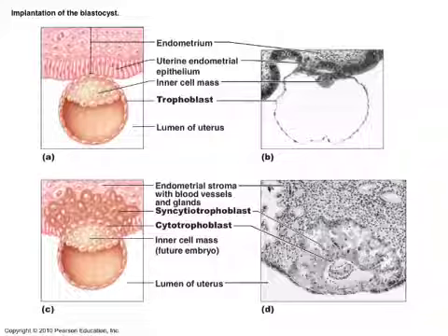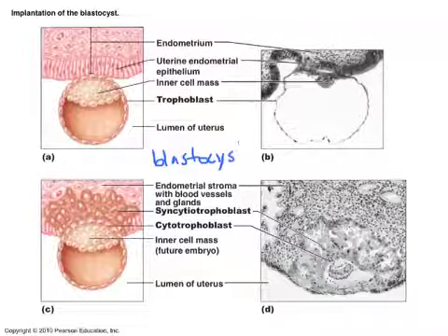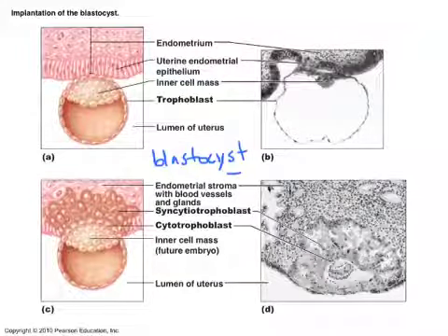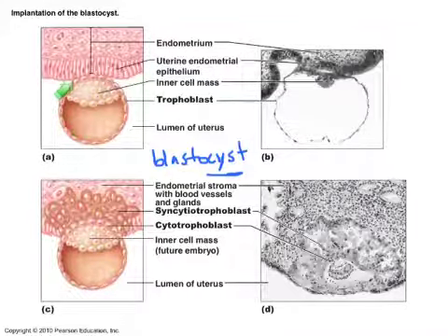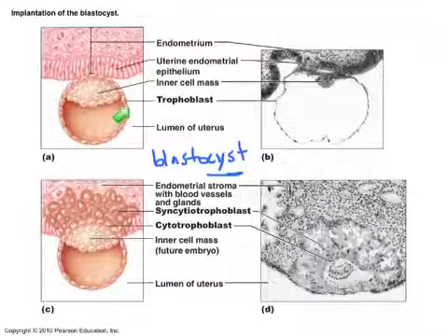The term cyst refers to a fluid-filled cavity. And the reason why this is called a blastocyst is because you have a fluid center that's contained by a layer of cells. This layer of cells is called the trophoblast.